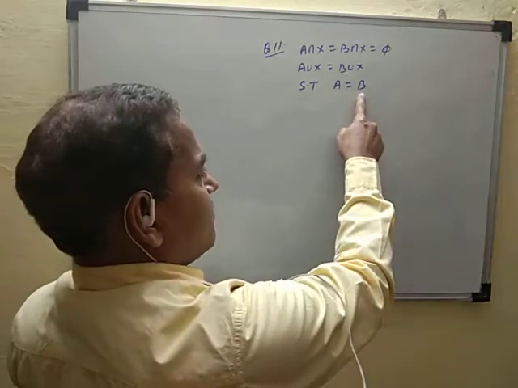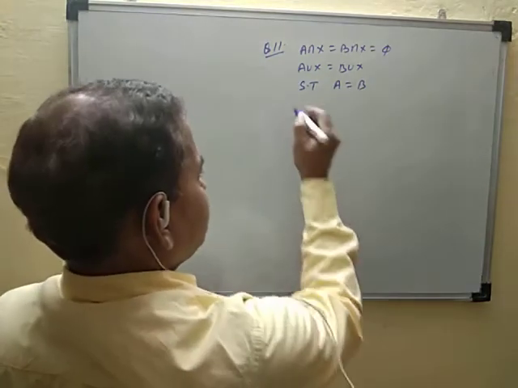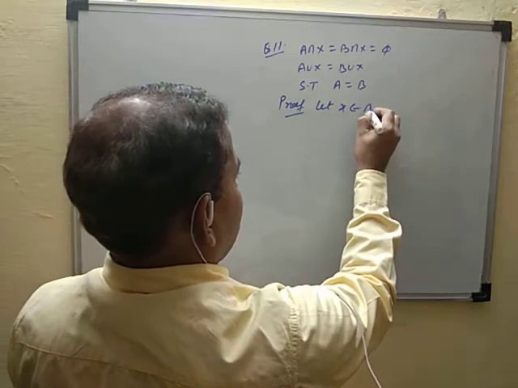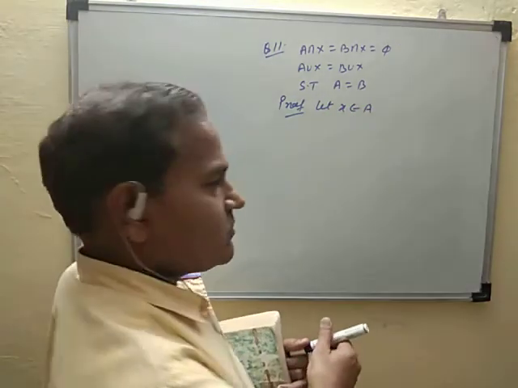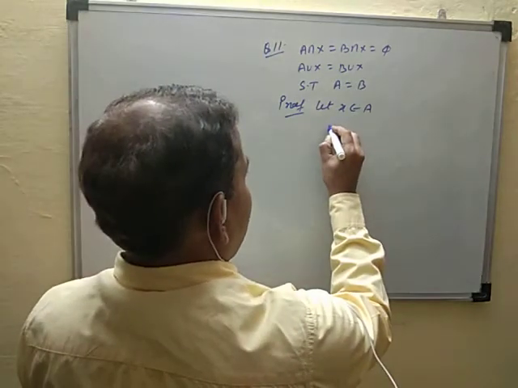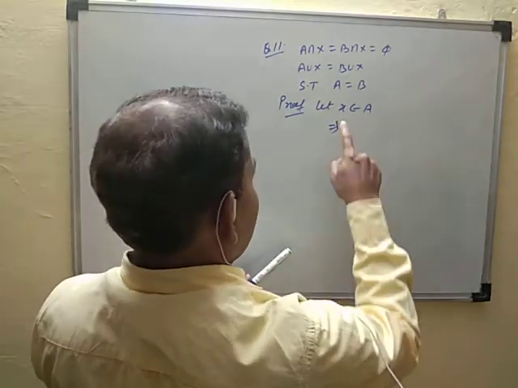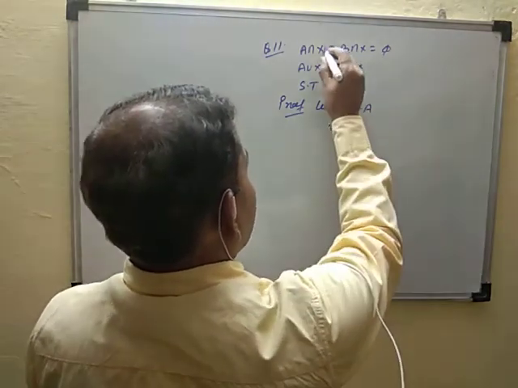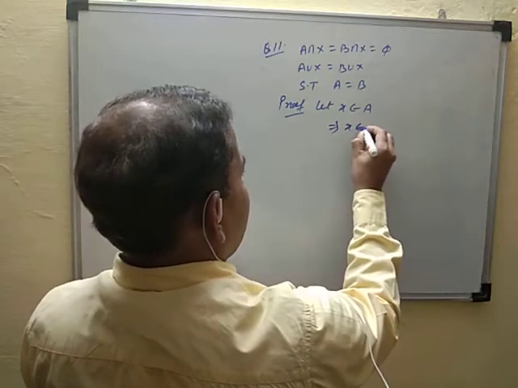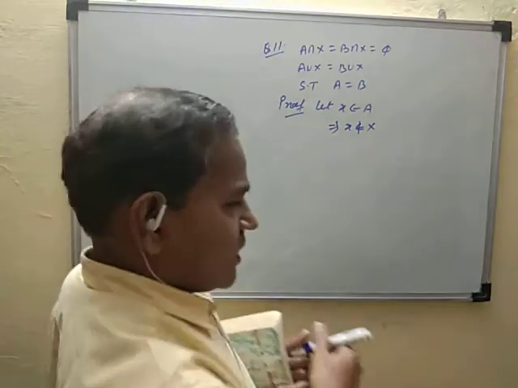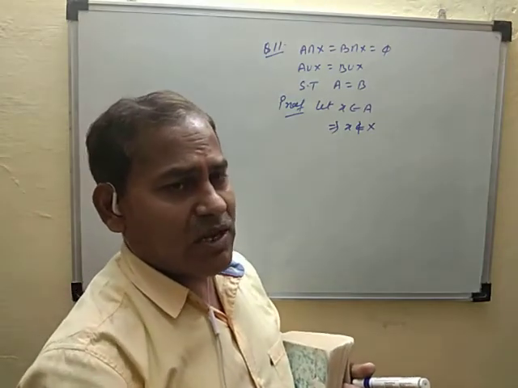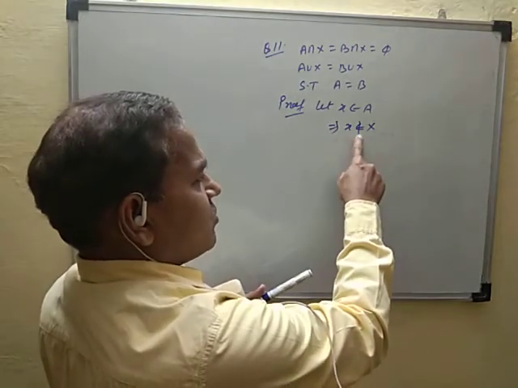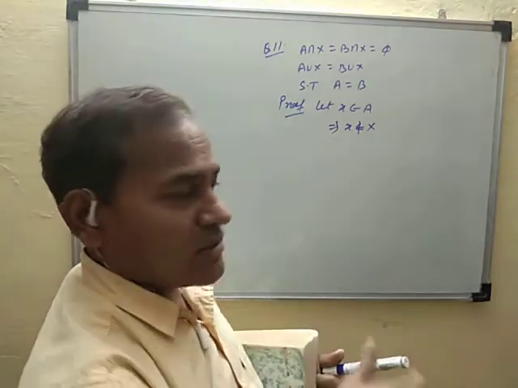So for A subset B, suppose any element x. Proof: let x be any element of set A. So this implies this x does not belong in capital X. Is this line understood? Let x be any element of set A. This implies this x does not belong to capital X. Why?